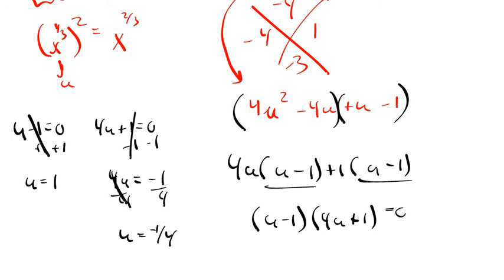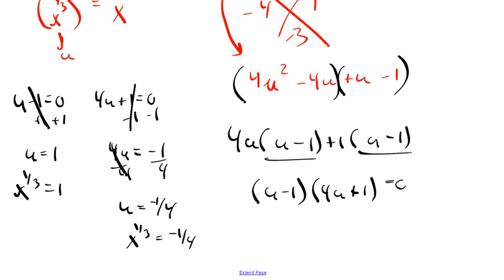Okay, but are we trying to solve for u or x? X. Good job. All right, so let's solve for x. That means we have to replace the u with x to the 1/3. So this u is actually x to the 1/3 equals 1. And then this right here is going to be x to the 1/3 equals -1/4.